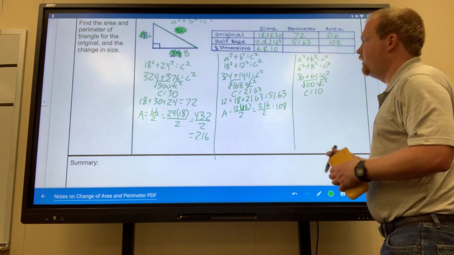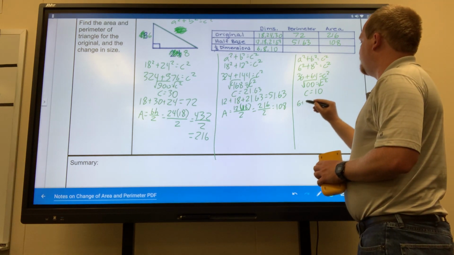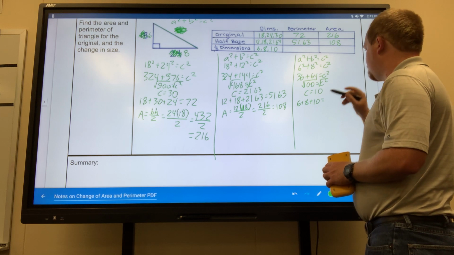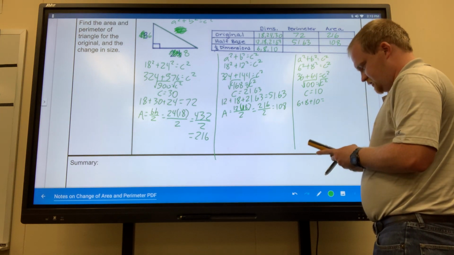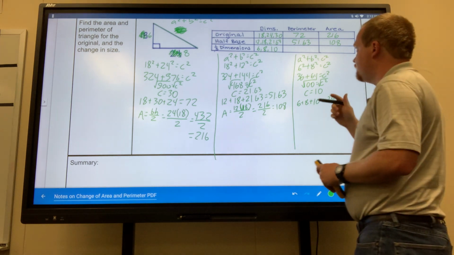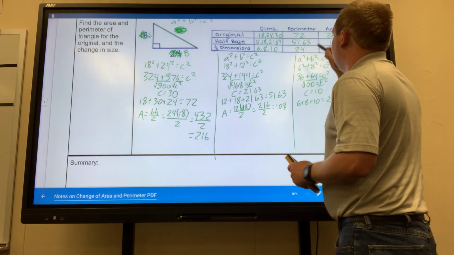Now, if I want to find the perimeter, add them up. So 6 plus 8 plus 10 gives me 24. So my perimeter here is 24.